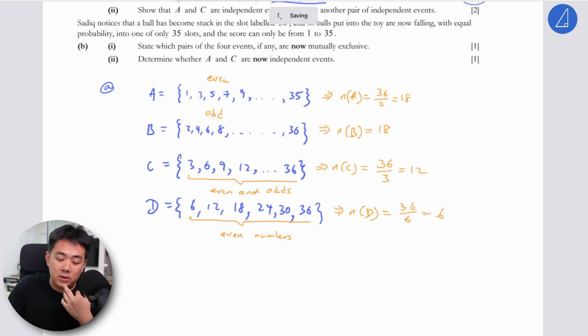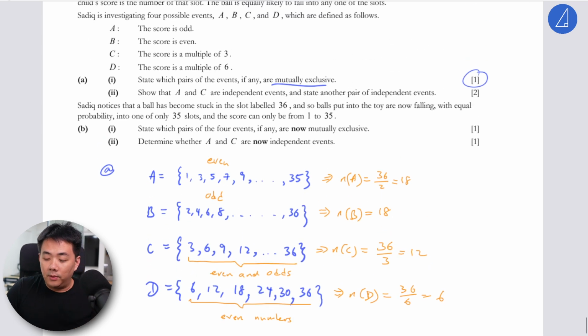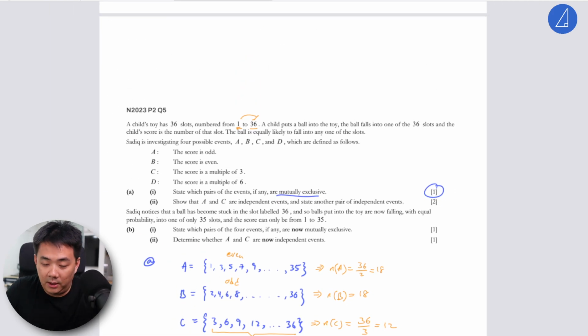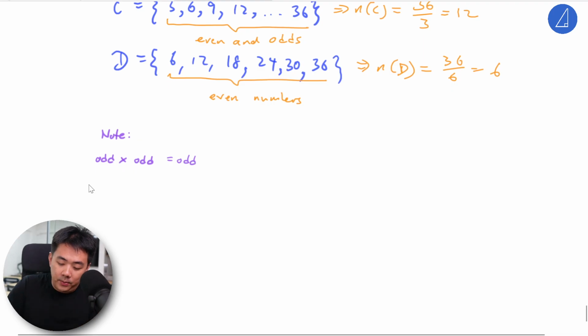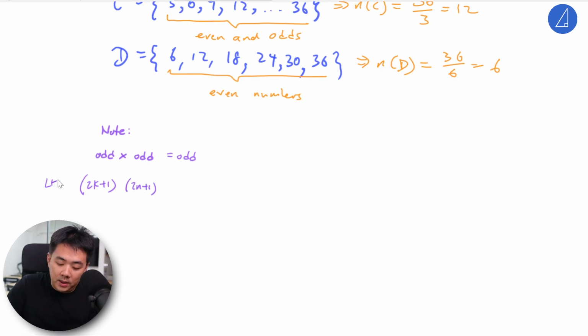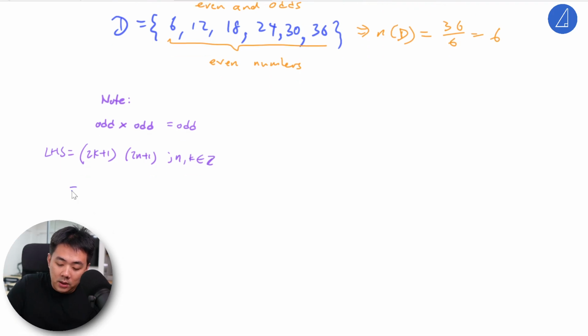Now this question is to test some concepts, so I'll quickly write this down and go through them. Odd times odd is odd, right? How do you show that odd times odd is odd? It's very simple. An odd number is 2k plus 1, then multiply by 2n plus 1, where n and k are integers. This gives 4kn plus 2k plus 2n plus 1.